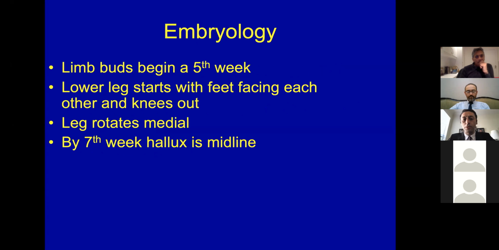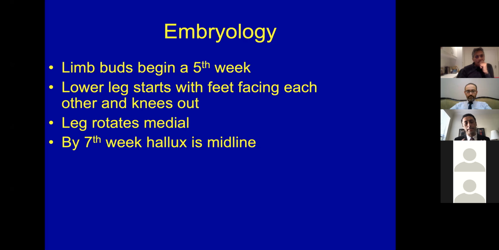A brief introduction about the embryology, when babies are growing in utero. The limb buds begin around the 5th week. The lower leg starts with the feet facing each other and the knee facing out.